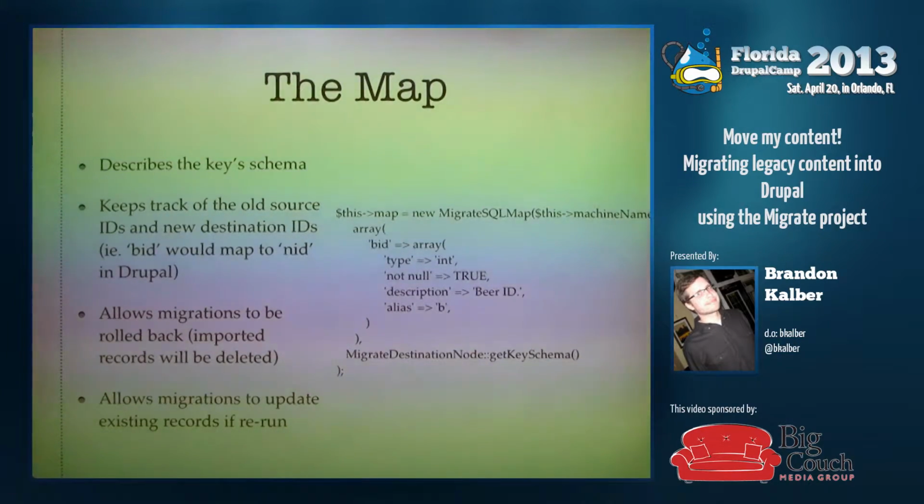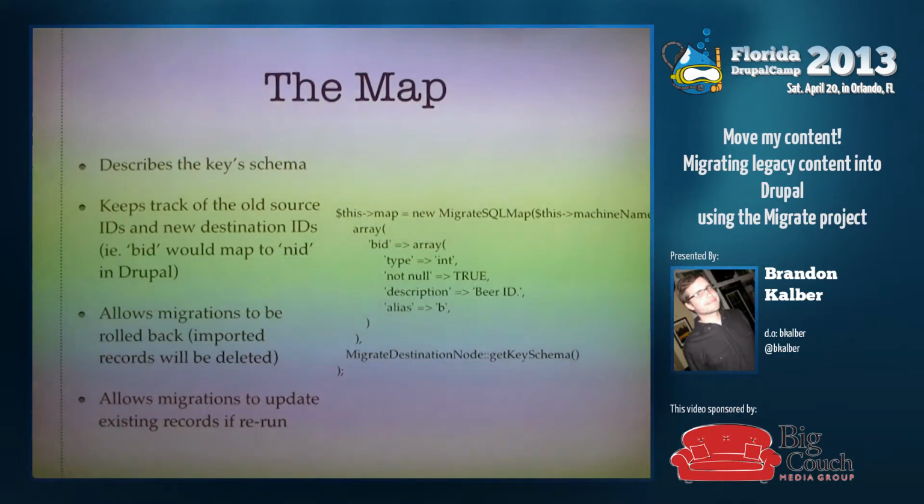And because Migrate is storing all this data in the map, you can actually use this data later to great benefit. The third parameter you pass in is basically calling key schema for whatever type of object you're passing in. So Migrate destination node, it could be destination user, term, comment, whatever.